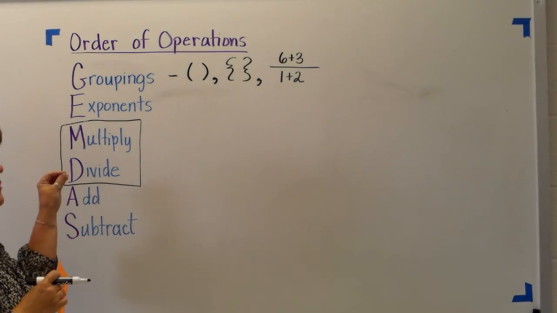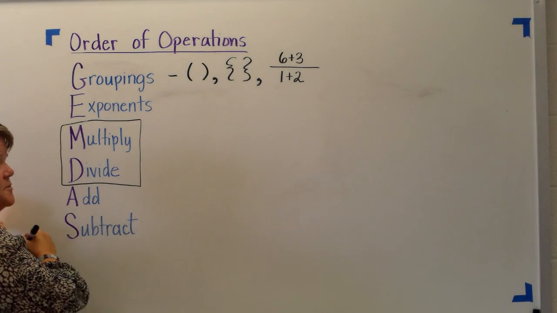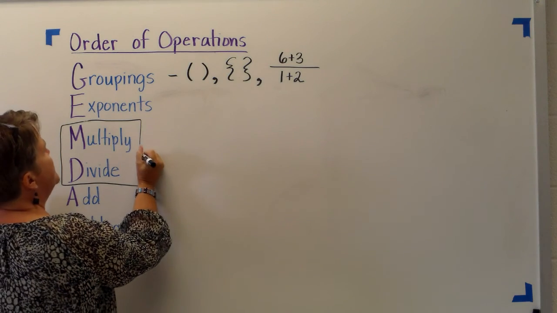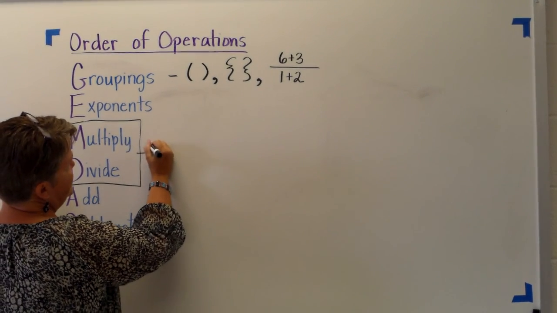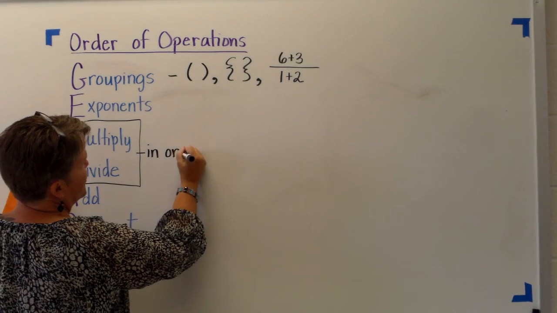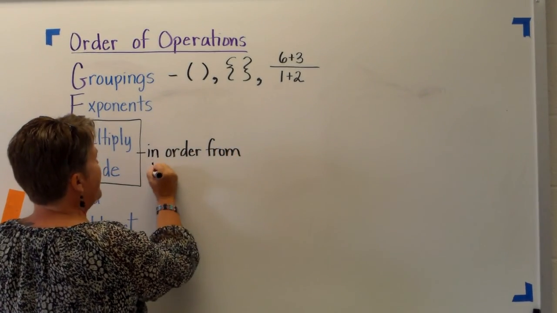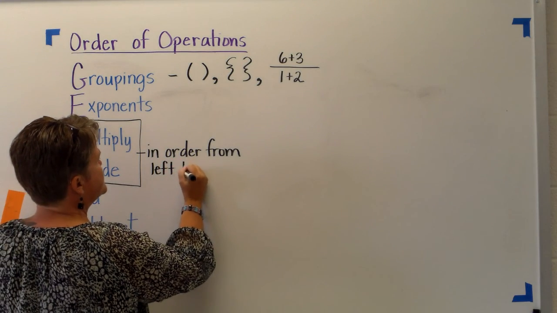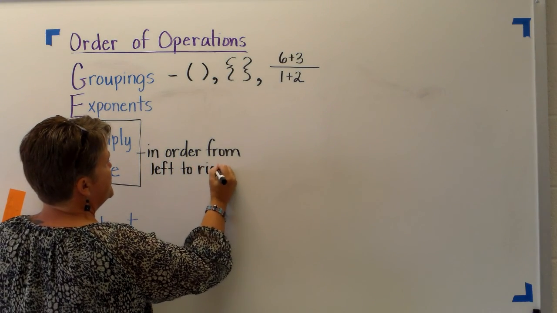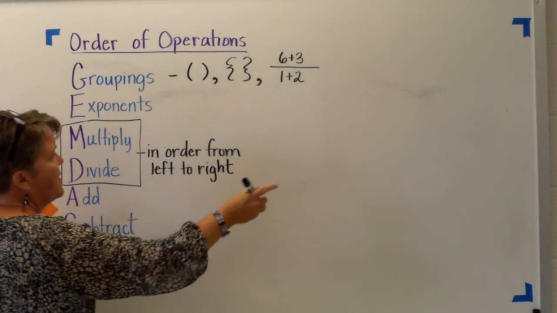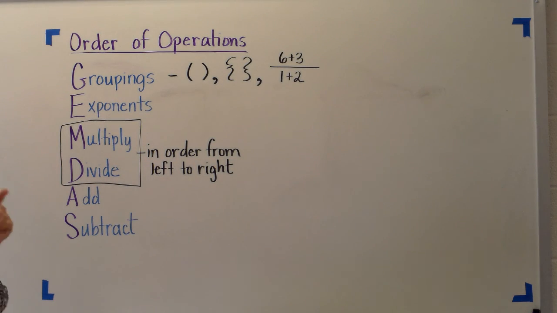You don't pick out your multiply and divide and do your multiplies and then do your divides. You multiply or divide in order from left to right. So you pretend when you're working with a math problem that you are reading a book and you do the multiplication and division in order from left to right.